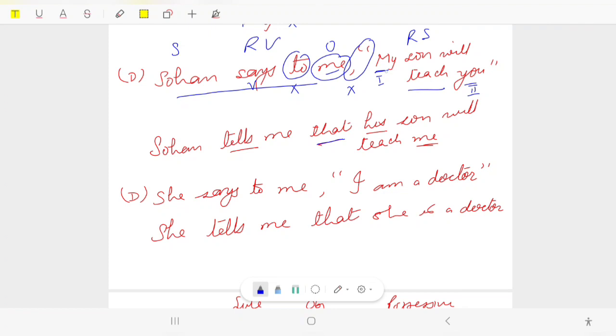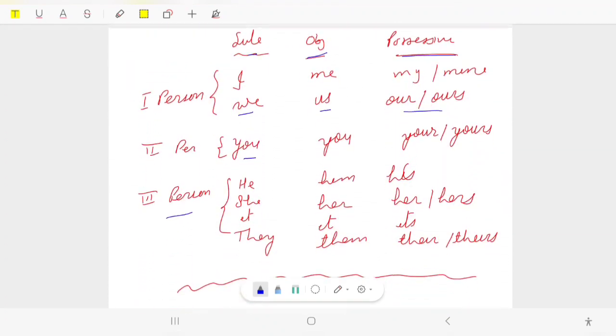Now "my" is first person, so it should change according to the subject, and it is the possessive form of the pronoun. So we will write the possessive form used for the singular third person Sohan, that is "his". It means that here "my" was used for the first person, so for the third person "his" will be used.